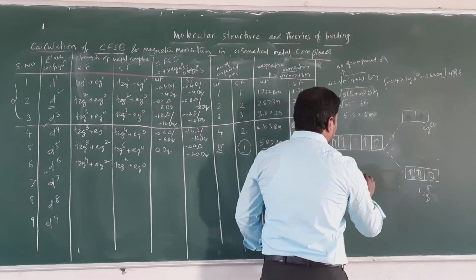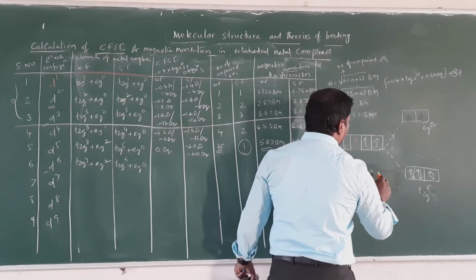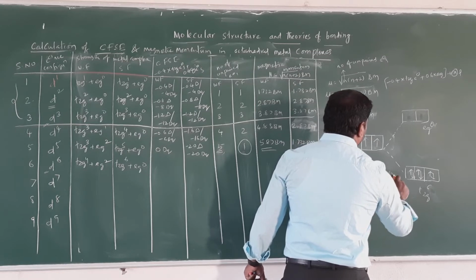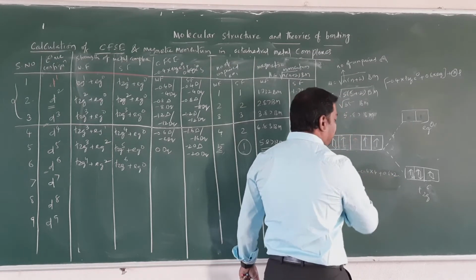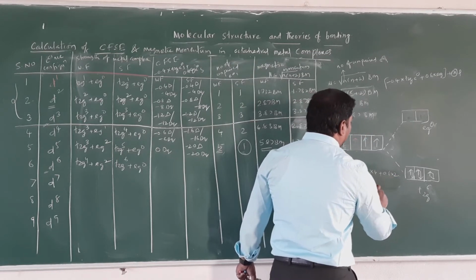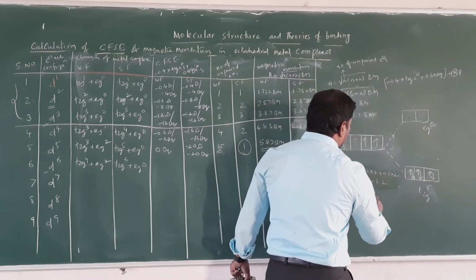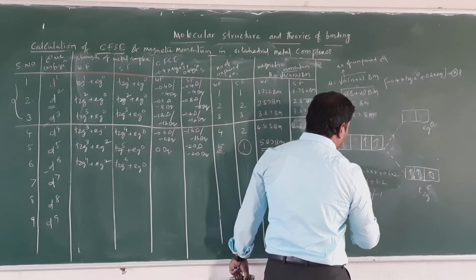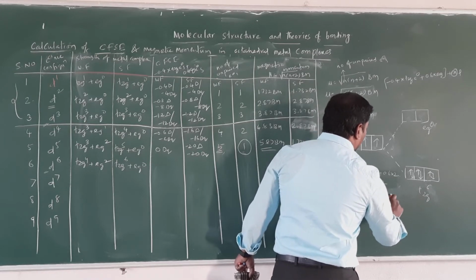So CFSE is equal to minus 0.4 into 4 plus 0.6 into 2. So for a weak field complex, that is equal to minus 1.6 plus 1.2, that is equal to minus 0.4 delta or minus 4 Dq.